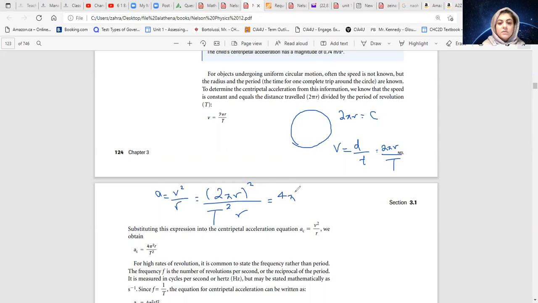So 4 pi squared r squared over T squared r. One of these r's will cancel. It's just going to be 4 pi squared r divided by T squared.